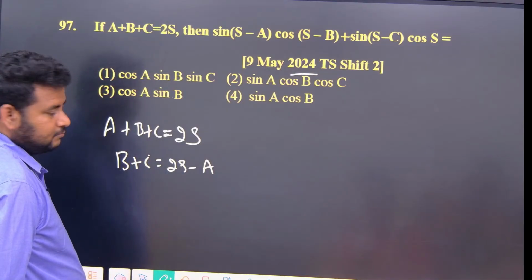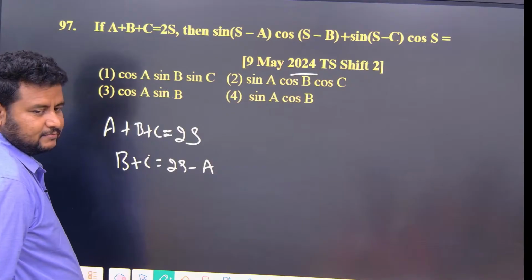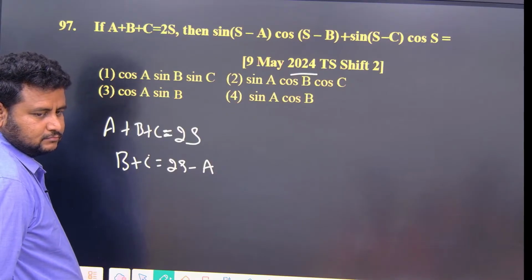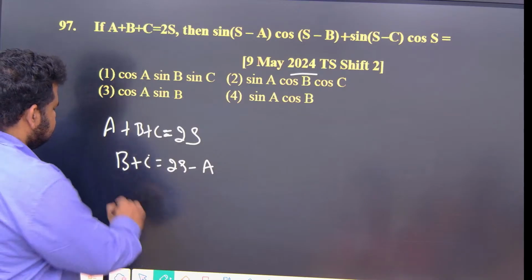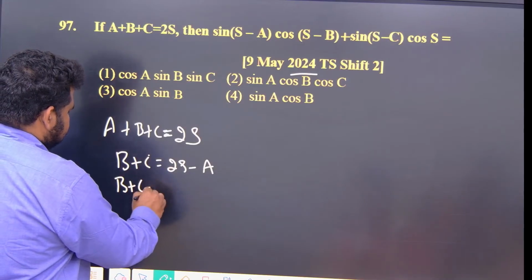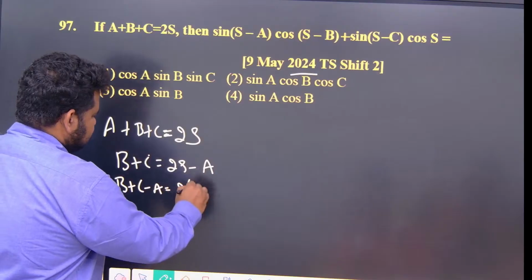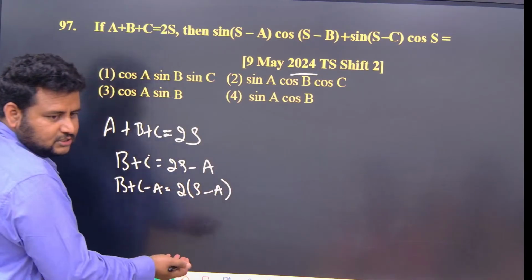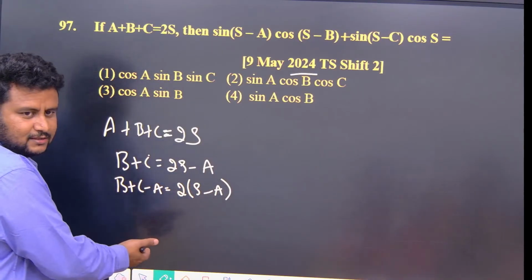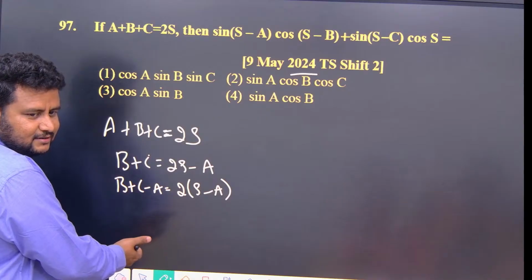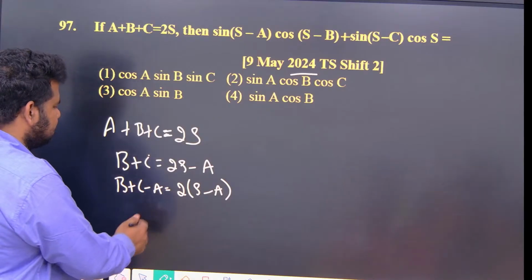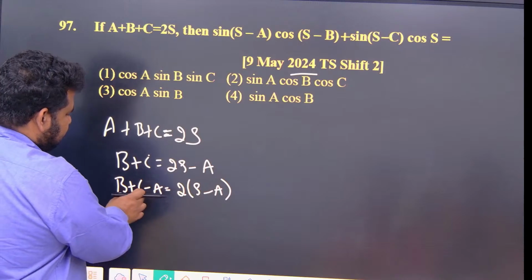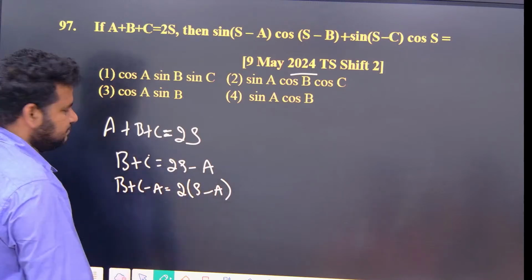Subtract a, what will we get? 2 times s minus a. That's all. That is what I wrote, no? Divided by 2 also I wrote. b plus c minus a is equal to 2 times s minus a.